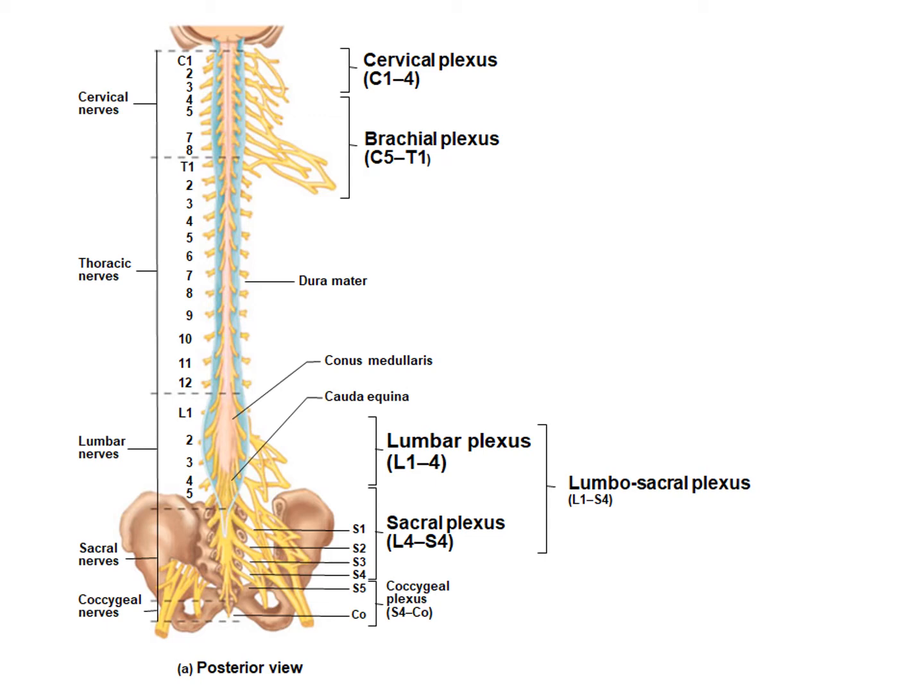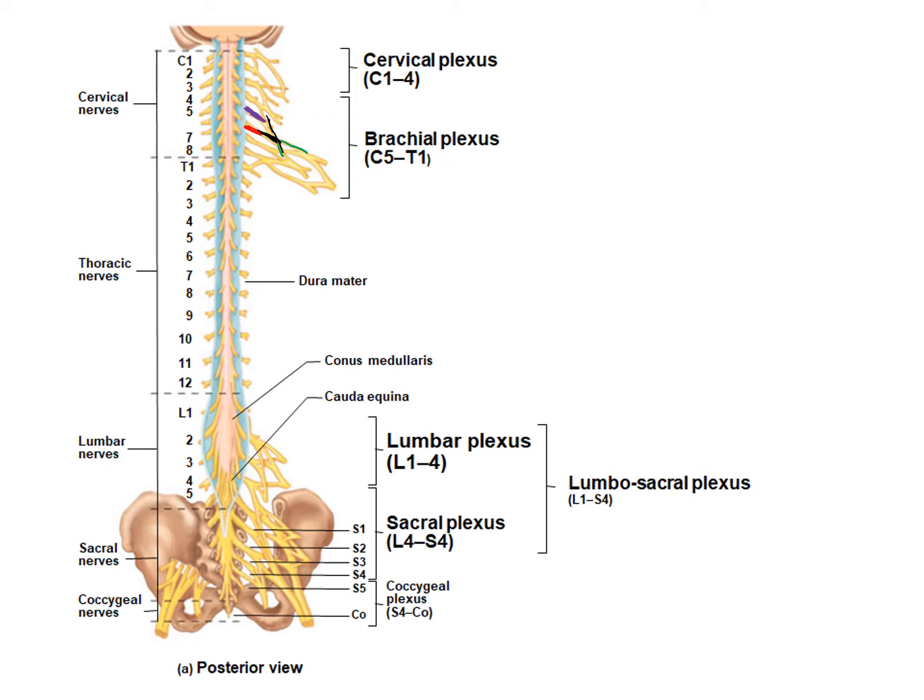So, for example, you can see here in purple, there's a nerve coming out of the cervical region, and then in red, here's another nerve coming out of the cervical region, and you can see how those nerves merge together. And then you can see how those merges split.